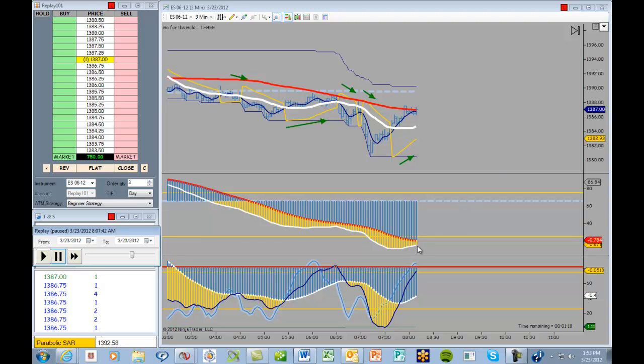Well, we're heading for a crossover on the long-term MACD. We dipped below the red and the blue, and now we've gone back above it. And we've got a little bit of a curvature on the white.